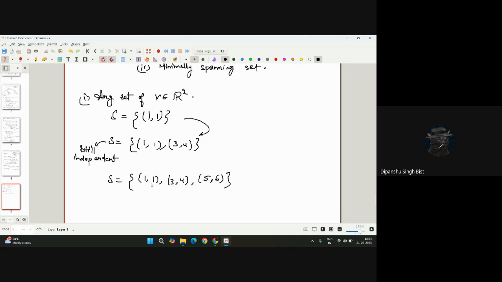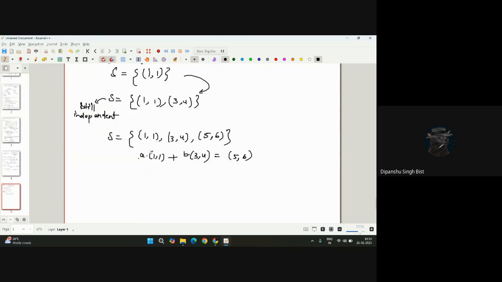So it cannot have more than 2 independent vectors. How are you so sure about it? We are claiming that 5 comma 6 can be represented as some linear combination of 1 comma 1 and 3 comma 4. This is our claim.